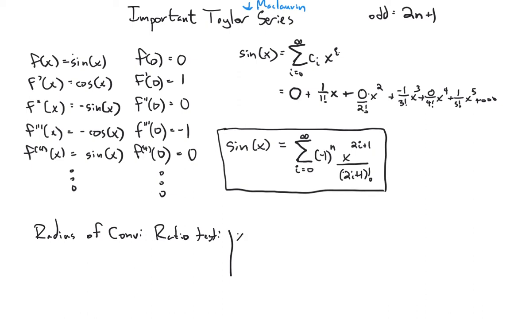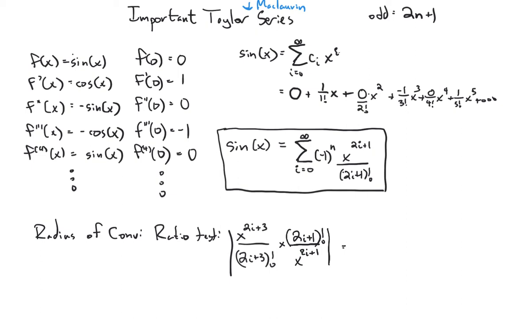So that's going to be x to the 2i plus 1 plus 1, which is 2i plus 3, over 2i plus 3 factorial. Remember, we're taking the absolute value here, so we're not concerned about negative 1 to the n here. And then we're going to multiply by the reciprocal of the nth term, x to the 2i plus 1 over 2i plus 1 factorial.